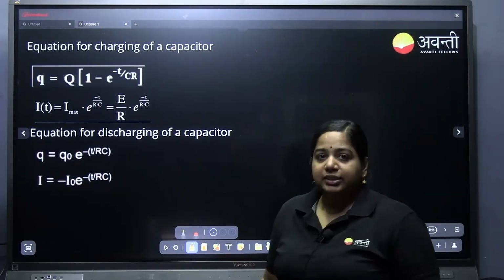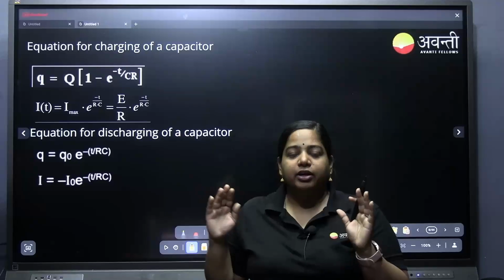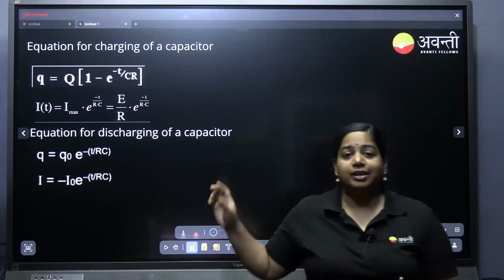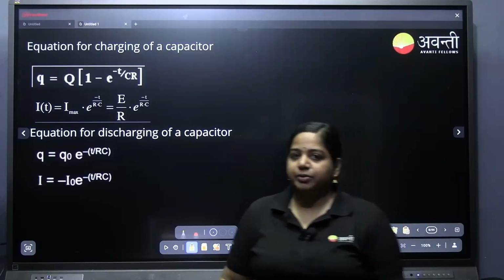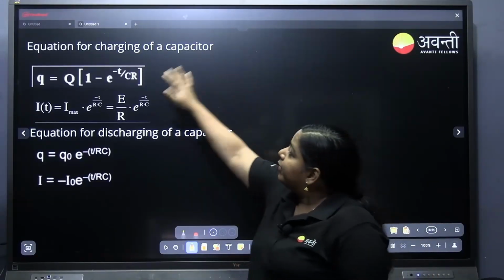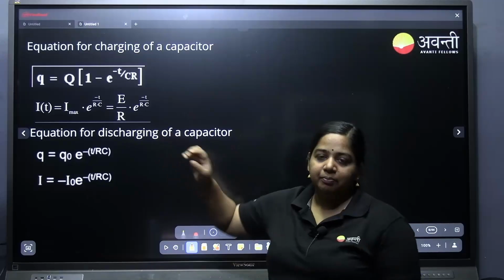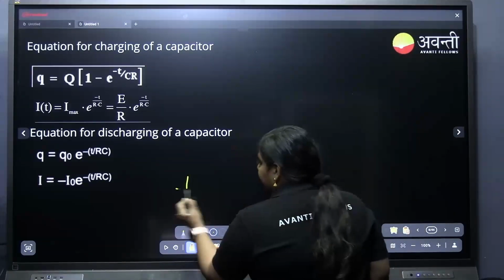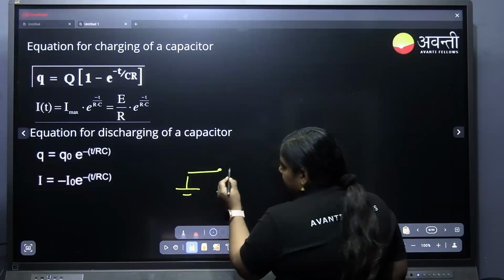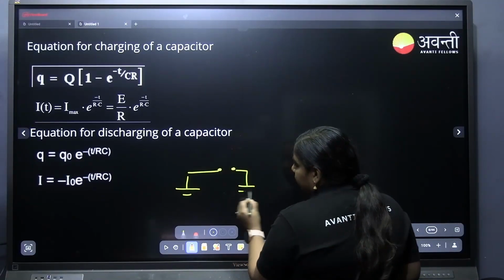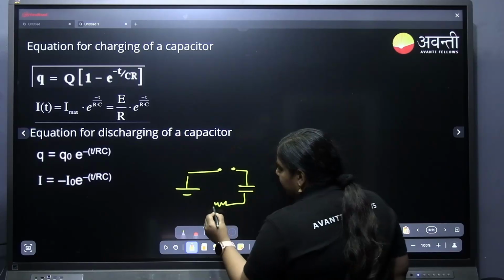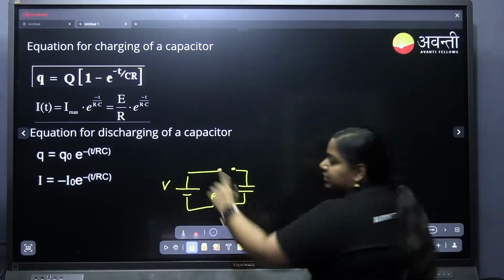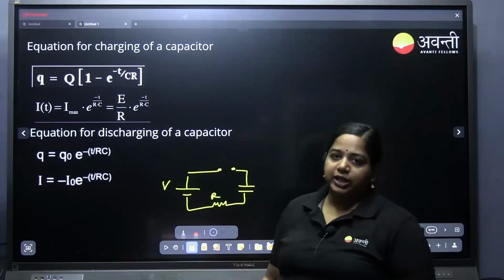Next, this is just a concept you need to learn. You won't get any numerical based on this, but you need to know this concept. The topic is the equation for charging a capacitor. We have a circuit where the switch is open, resistance R is there, and the cell has V voltage.